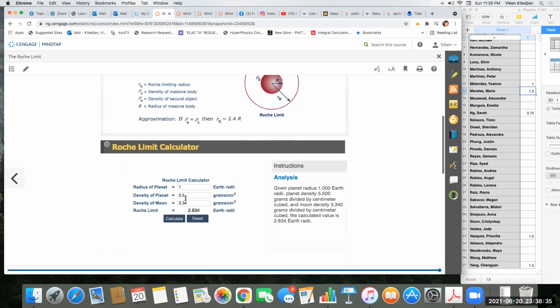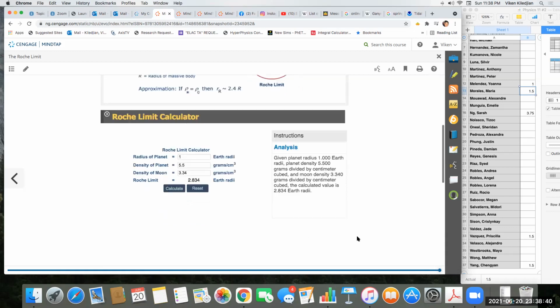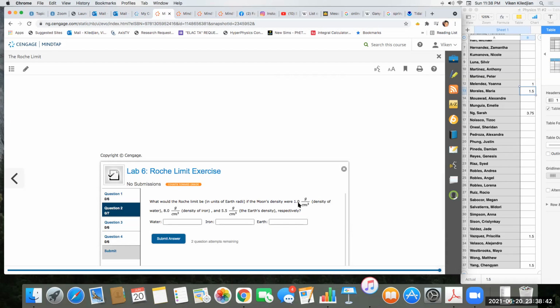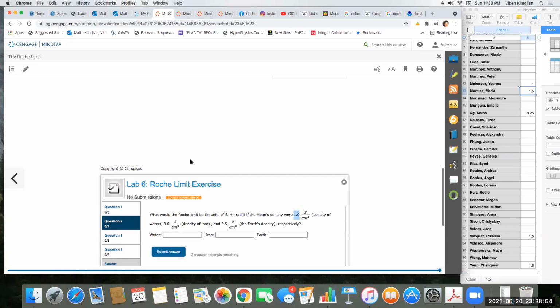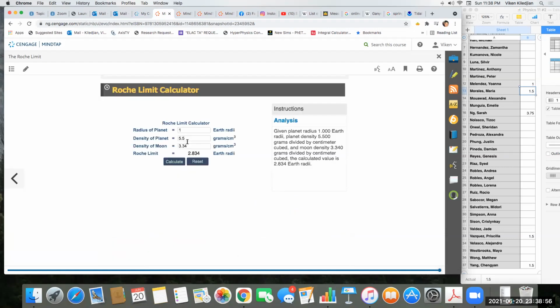So they're keeping this guy the same, 5.5, and they're changing the density of the moon only. They're making it as dense as water, 1. Well, that's going to make the Roche limit very high.